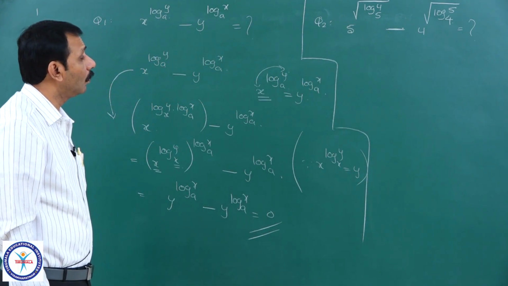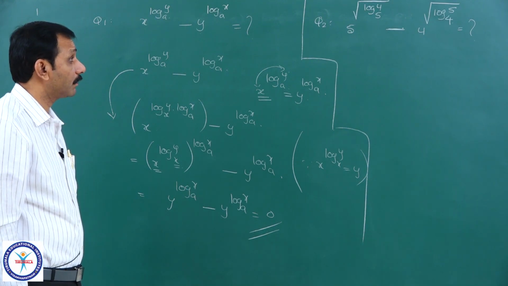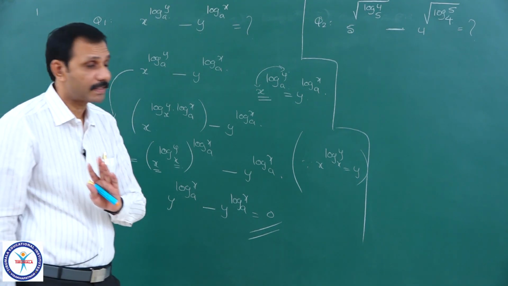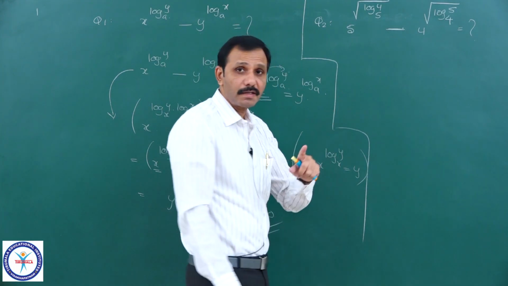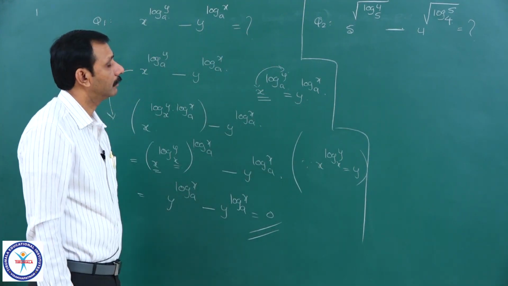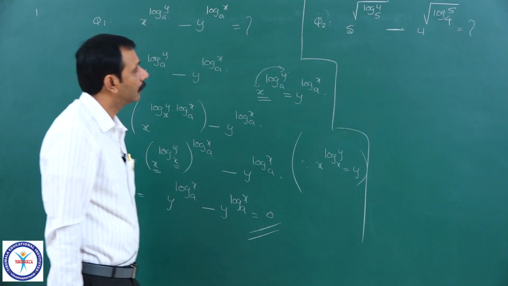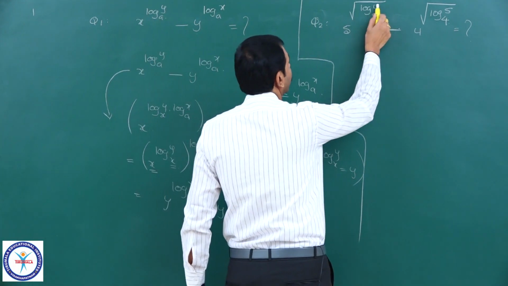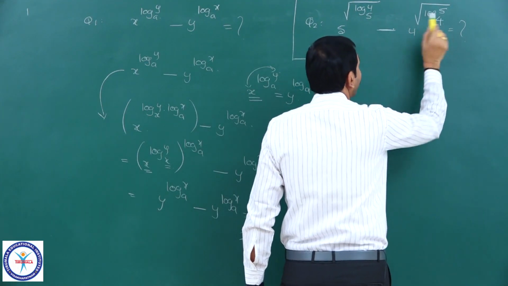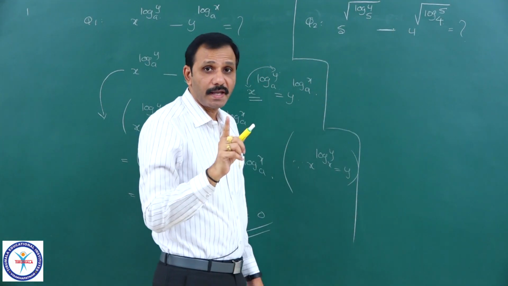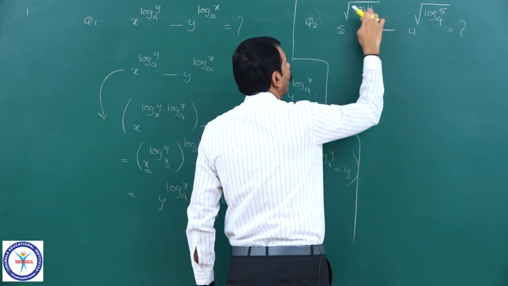5 power root log 4 to the base 5 minus 4 power root log 5 to the base 4. Observe this. It is not directly of this form. Here there is a root of log 4 to the base 5. Here also there is a root of log 5 to the base 4. At the same time it is not equal to 4.